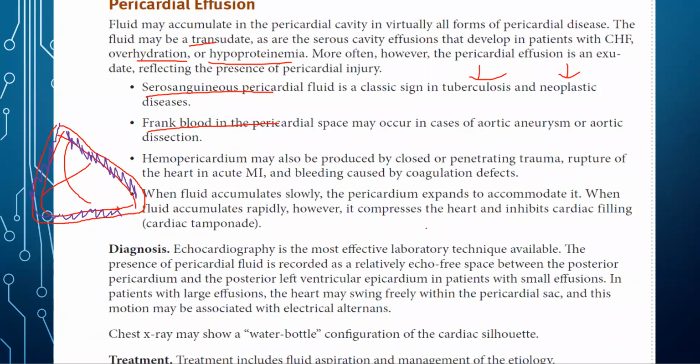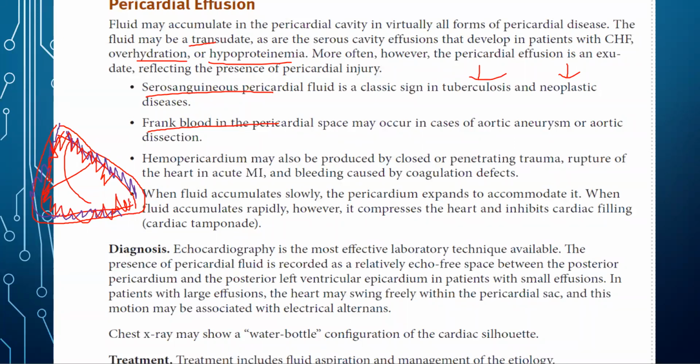Pericardial effusion sometimes can get a massive accumulation in the pericardium so that it starts to compress the heart. When it starts to compress the heart, the heart cannot fill properly, right? Same like the lung, like pleural effusion, the same thing happens with pericardial effusion. This fluid becomes over-accumulated and starts to compress the heart.